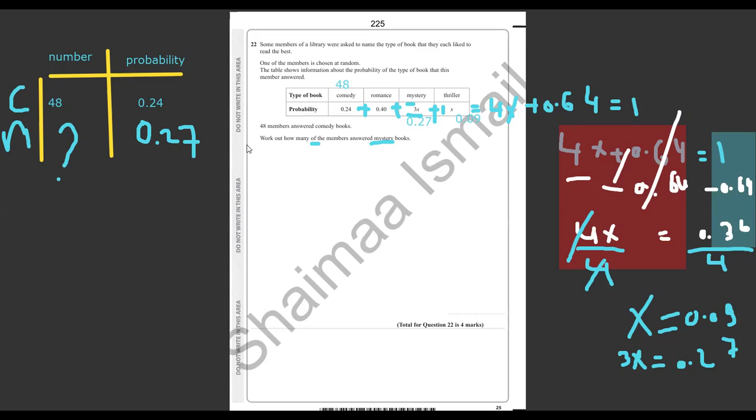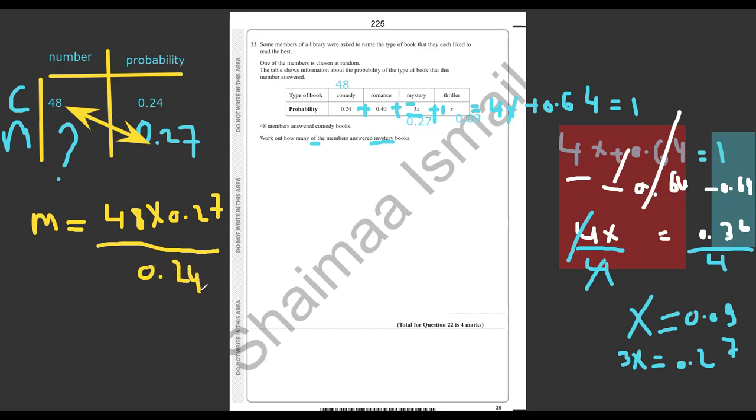So we multiply the 48 by 0.27 divided by 0.24, to get the number of the M, or the mystery, which will be equal to 48 multiplied by 0.27 divided by 0.24.